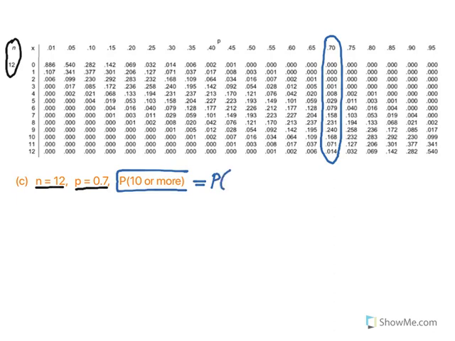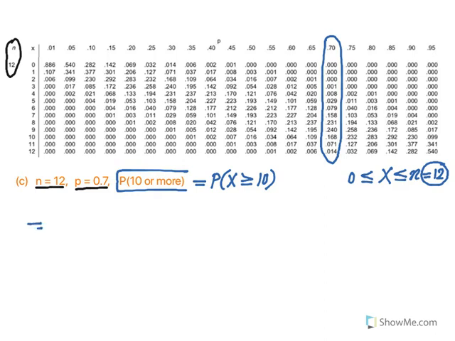So this is the probability that x is bigger than or equal to 10. Remember that x is always between 0 and n, and n in this case is 12. This is only for this case. You might be asked another question for another n. n is just the number of trials. So whatever it is, you look up the right n from the table.